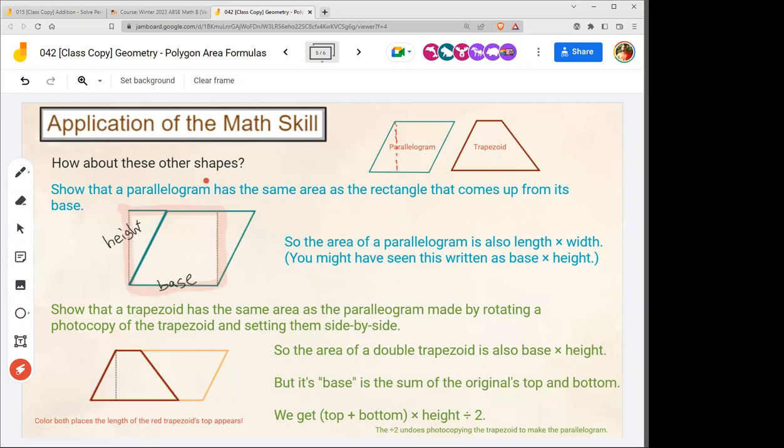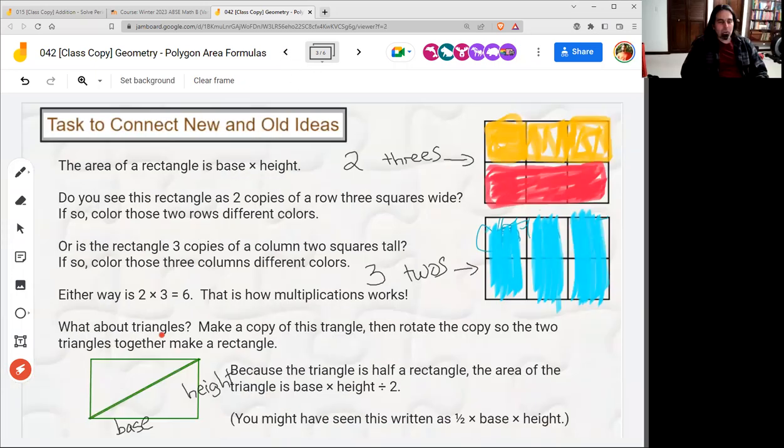Yes, okay. So the only thing that makes sense for area is if we can make squares, because that's how we've defined area. How many tiles, how many squares fill up the spot. So we have to make things equivalent to rectangles, or it doesn't really make sense.